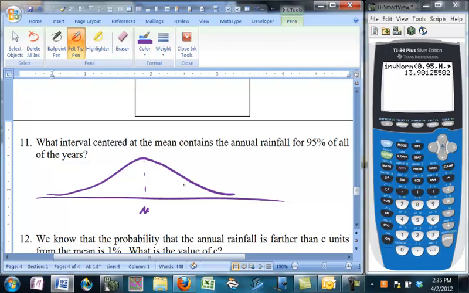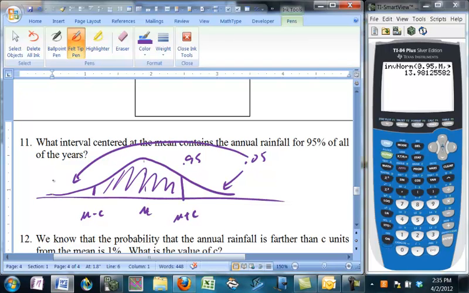There's the mean, and we have mean plus C here and mean minus C here, and we know that this area is 0.95. That leaves 0.05 split evenly between these two areas. So this one is half of that. 0.05 divided by 2 is 0.025. And this one over here is also 0.025.